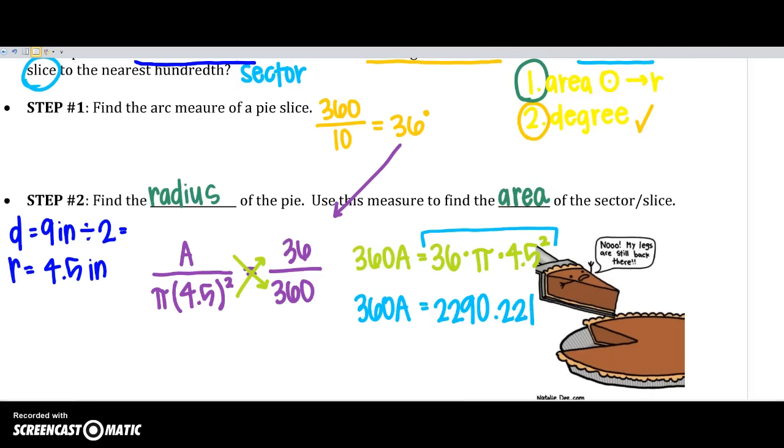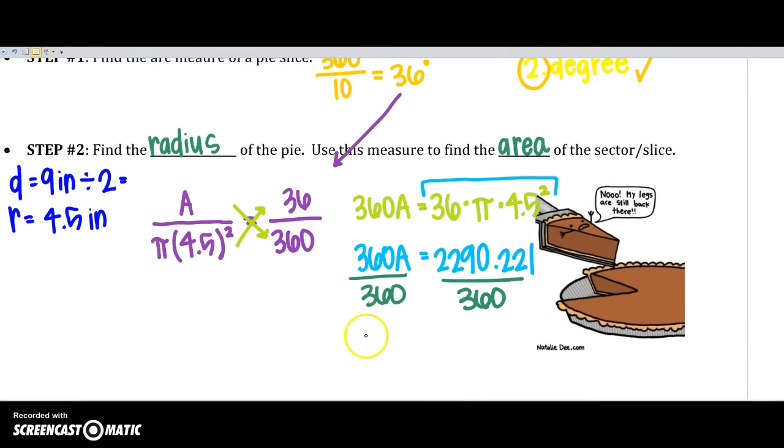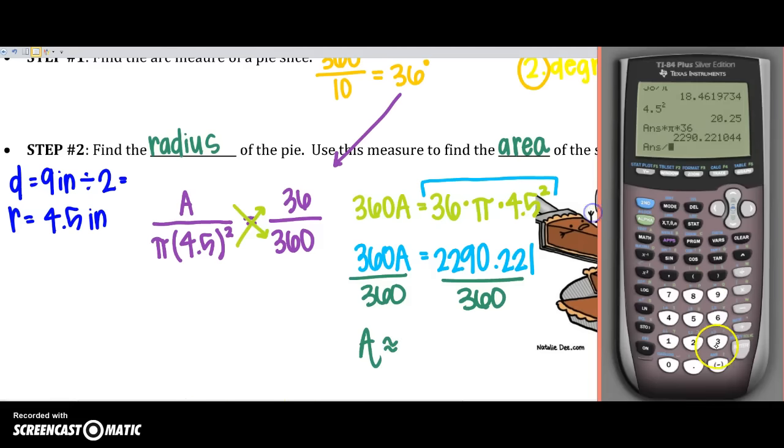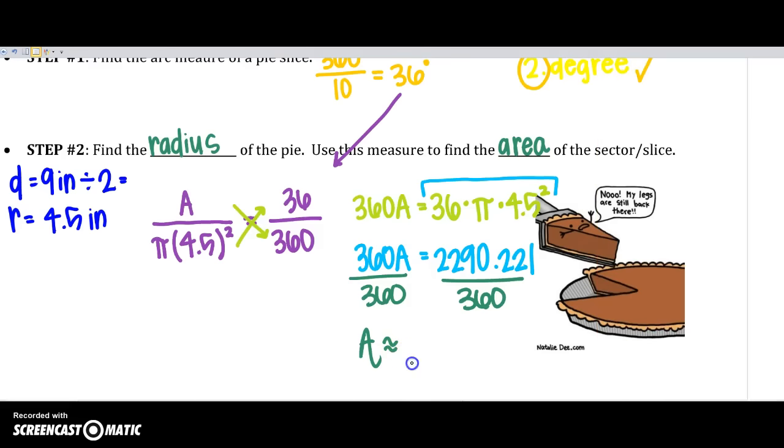All right, and then because we want to solve for A, I'm going to divide both sides by 360. So the area of my slice of pie is approximately divided by 360. Oh, I did it wrong. Let's put that back into our calculator. Divided by 360. So each slice of pie has an area of about 6.36 inches squared.